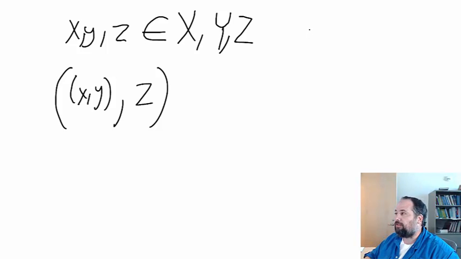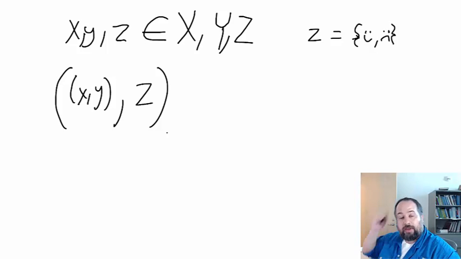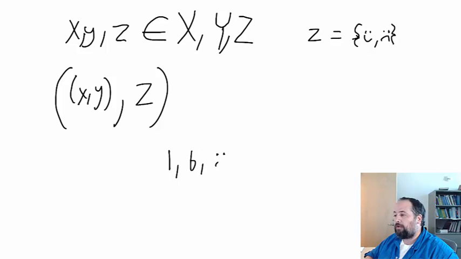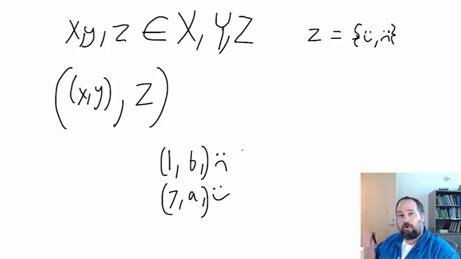I'm just going to say for this example, Z equals smiley face, frowny face. Since we've already established what x and y are, if we have, say, the 3-tuple 1B frowny face, and we have 7A smiley face, we know that 1B comes before 7A, so just like before, it doesn't really matter what that last part of our Cartesian product is.